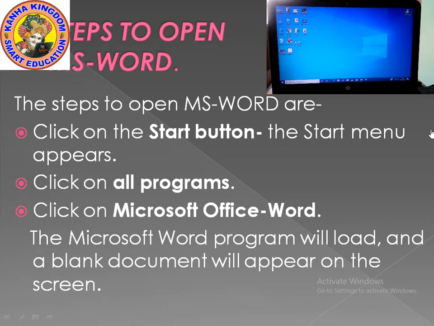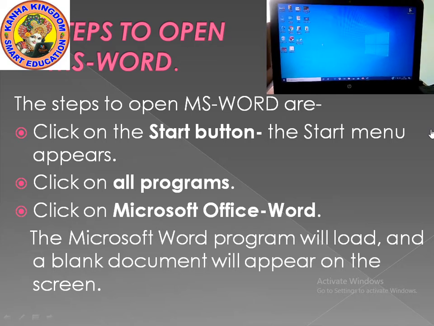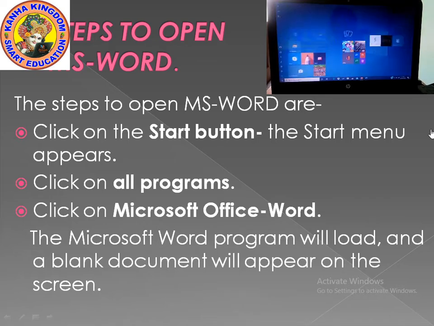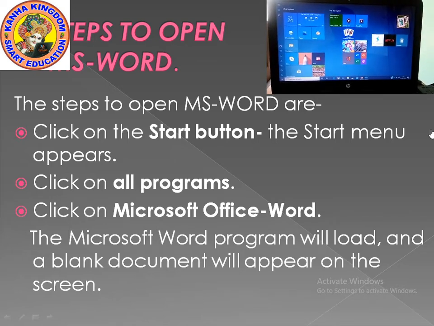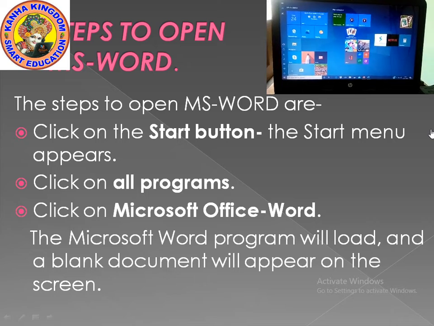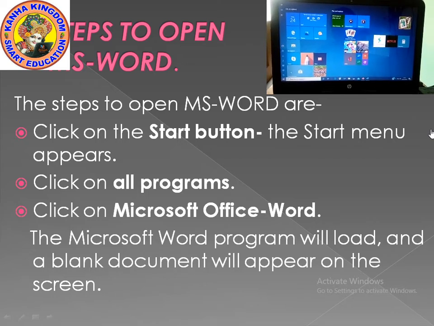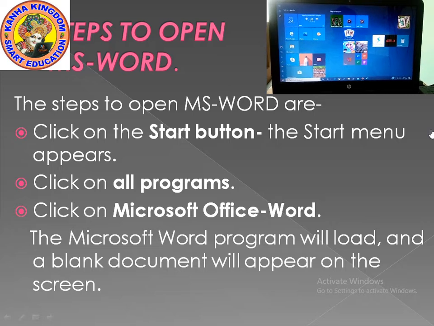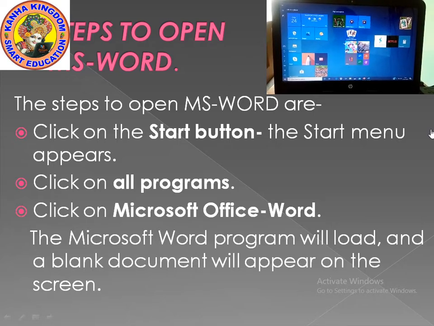First, you go to the home button. Can you see my cursor here? It is moving there. First, you go to the home button, then you click on all programs. This is my all programs page, on my PC.